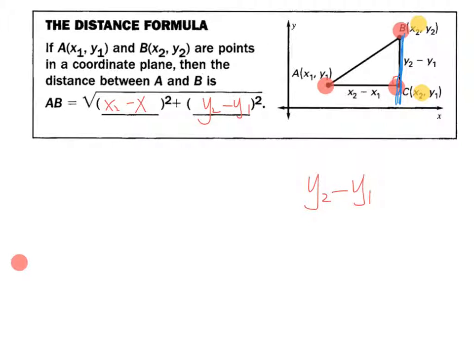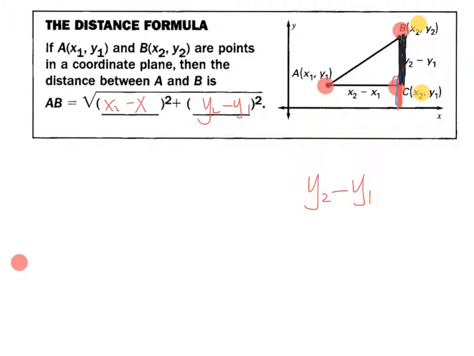Now if I use red to represent y1, y1 is the y coordinate of C. Now if I want to know the length of BC, the remainder, I use black. That's BC. I can use the blue part, which is y2, minus the red part, which is y1, right? Because then I will get the length of BC, and that's one of the legs.